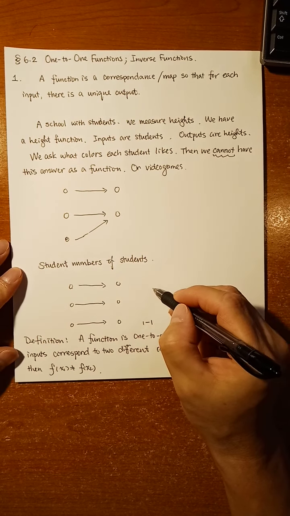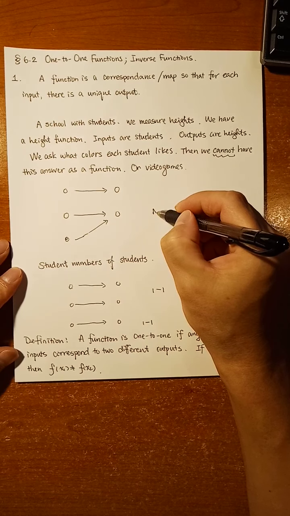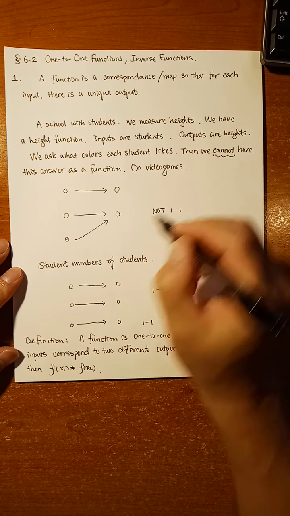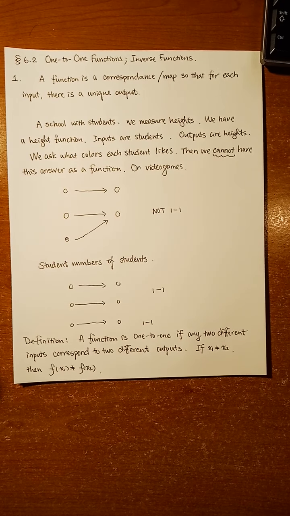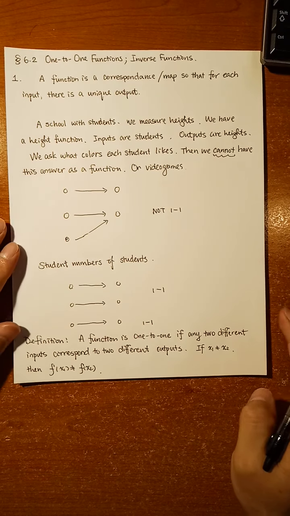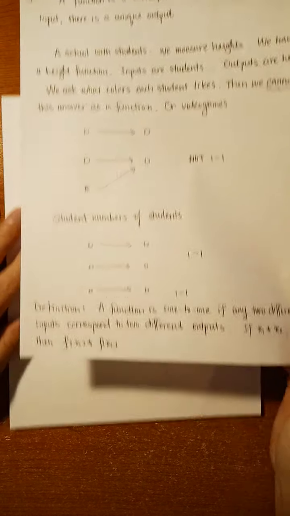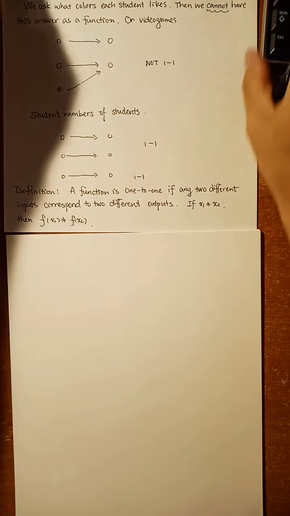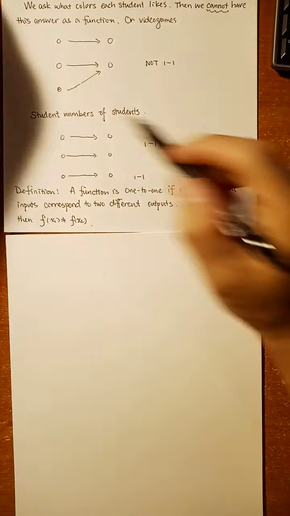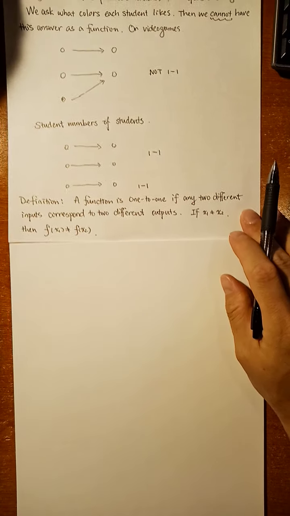This one is one-to-one, and this one is not one-to-one, because this is 2-to-1. Like you see here, this is 2-to-1, not 1-to-1. This is a very simple question. We can just draw the arrows and get the answer.